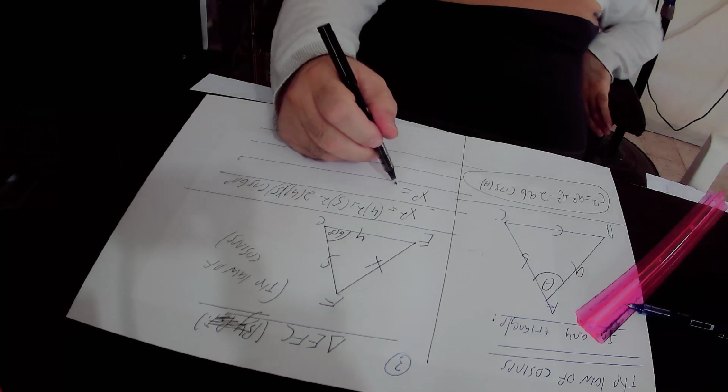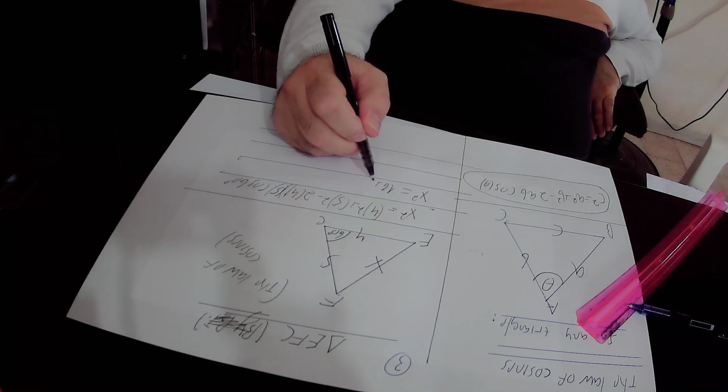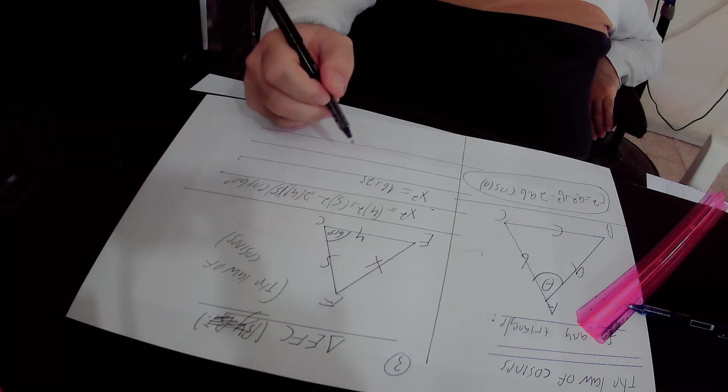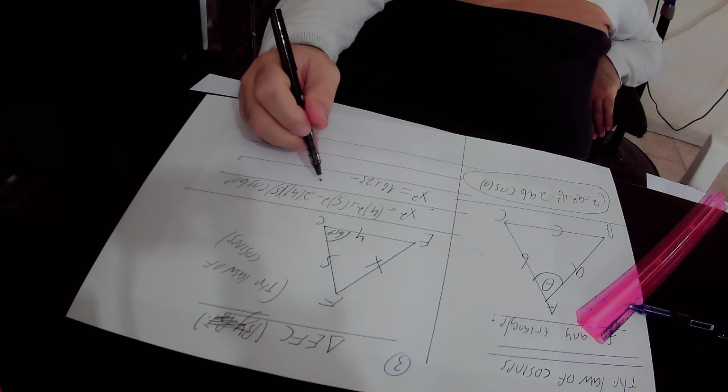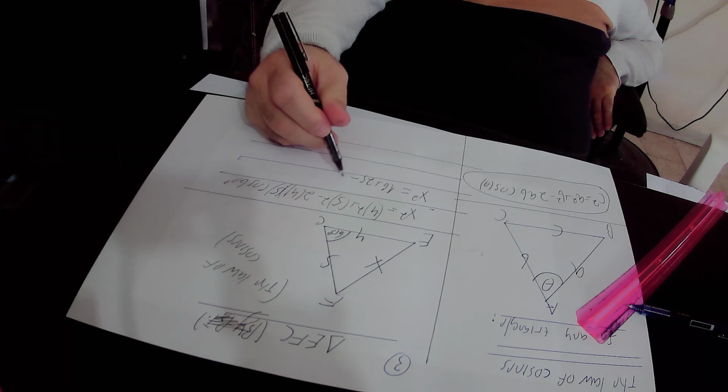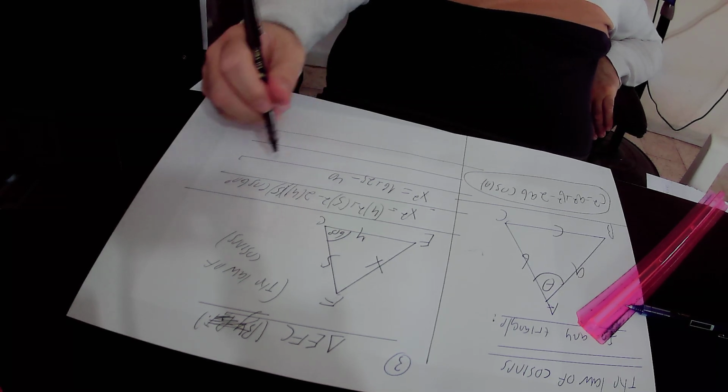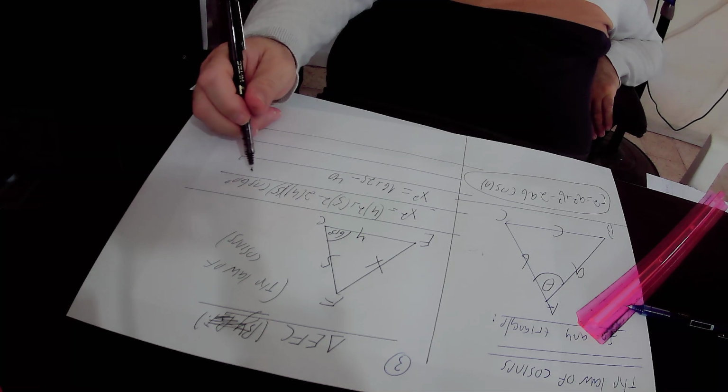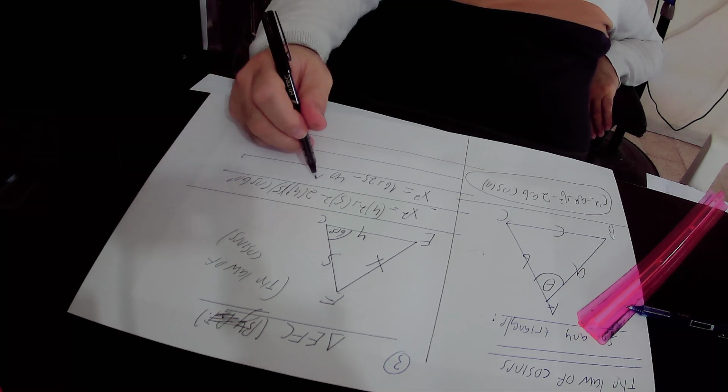So x squared equals 4 squared is 16 plus 5 squared is 25, minus 2 times 4 is minus 8, and minus 8 times 5 is minus 40, and cosine 60 degrees equals 1/2, so we substitute cosine 60 degrees by 1/2.